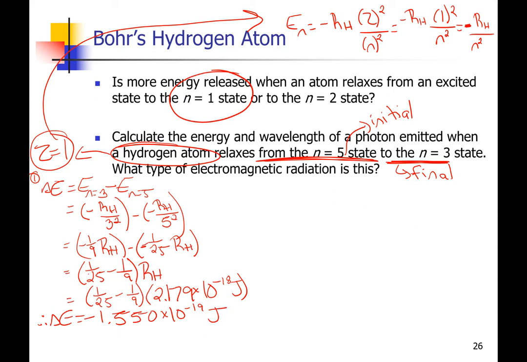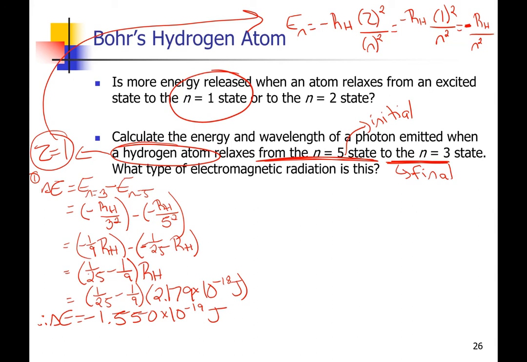And you'll notice that you expect most of your answers to fall in the general ballpark of that Rydberg constant. This is a fraction of the Rydberg constant. So the fact that my exponent is times 10 to the minus 19 is good. That means it's within a factor of 10-ish of the Rydberg constant.